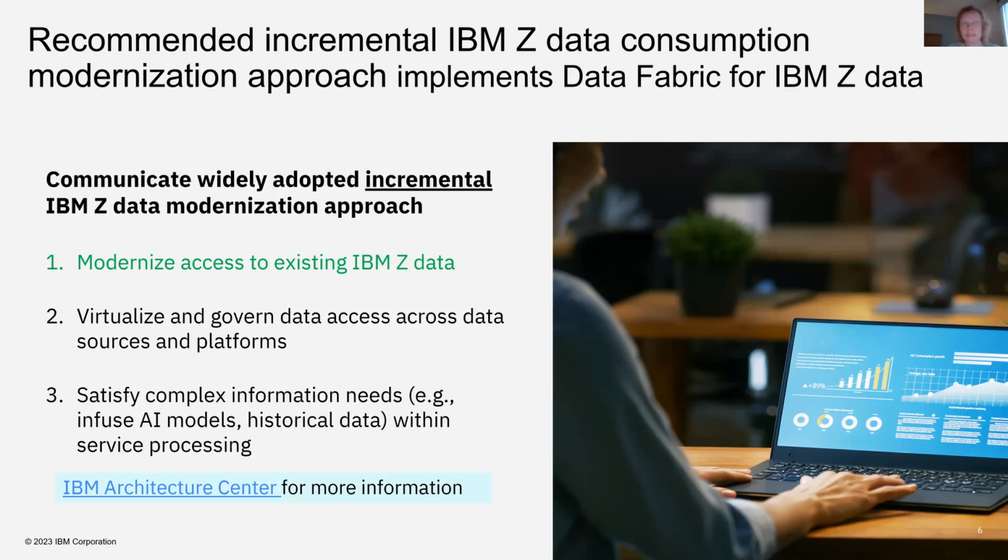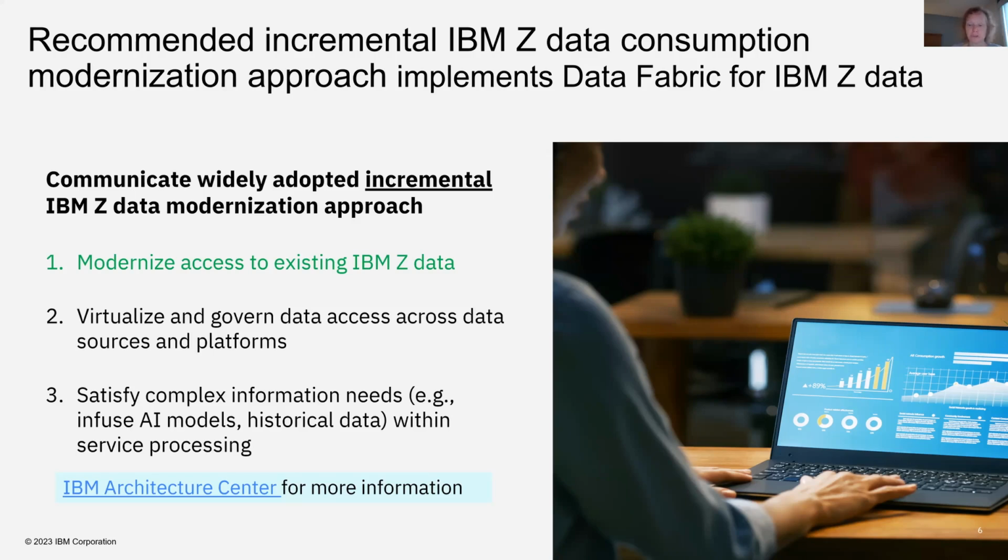If your service processing runs on Z, you have eventually the challenge to include or infuse AI into the service processes. And we have a very strong strategy on Z with the Z16 AI units and machine learning on Z capabilities, and more recently the availability of open source AI packages on Z as well.